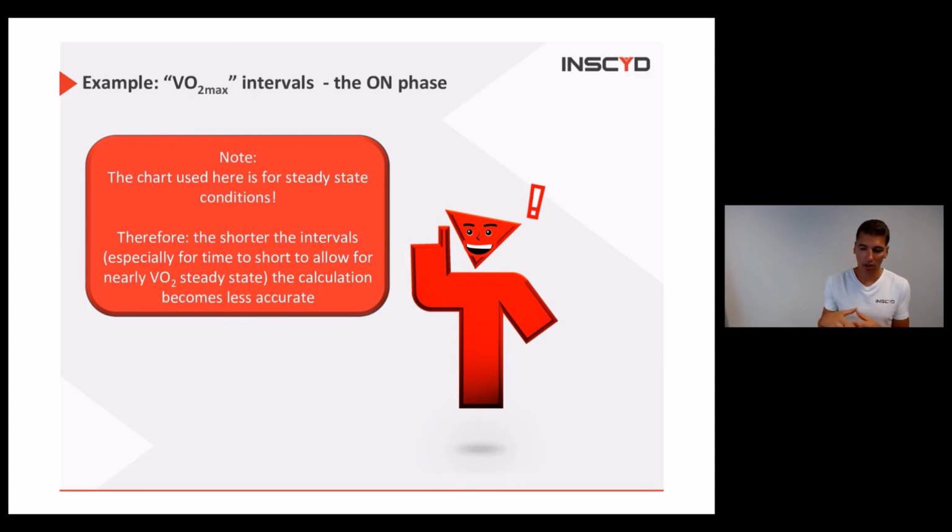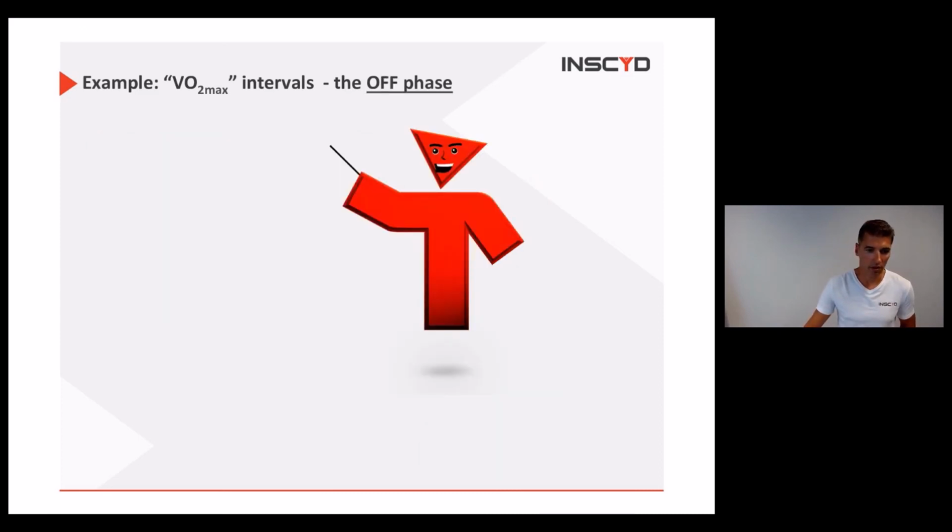The best way to look at it is steady state in terms of VO2 steady state. You get close to VO2 steady state within approximately 90 seconds. For a highly trained athlete it's a bit less; for a less trained athlete, maybe 2 minutes. So basically, the takeaway message: if your interval is much shorter than 2 minutes, this calculation we just did gets less accurate, just so that you're aware.